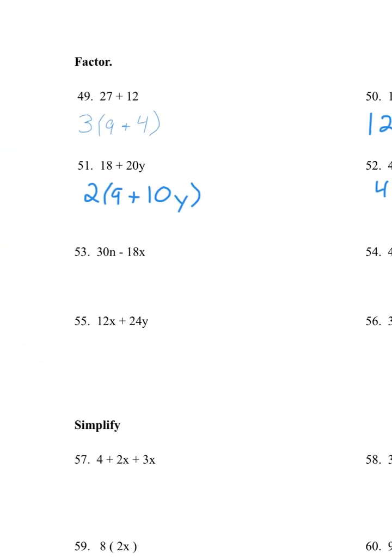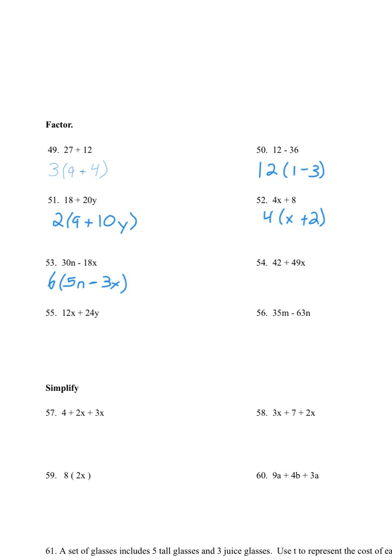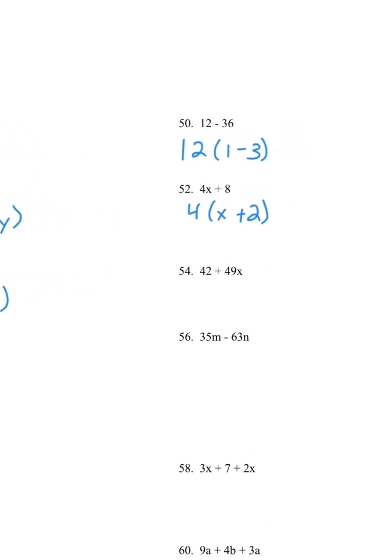Number 53, we will be looking at 30n minus 18x, and we can take a 6 from both of these. So we're going to take out a 6, and we'll be left with a 5n minus 3x. Number 54, we can pull out a 7 from both, 42 and 49, and that will be left with a 6 and a 7x.